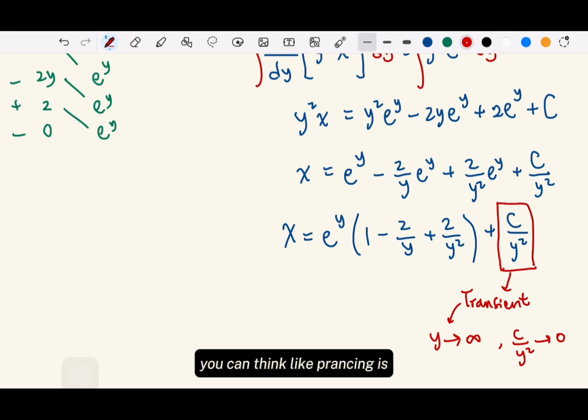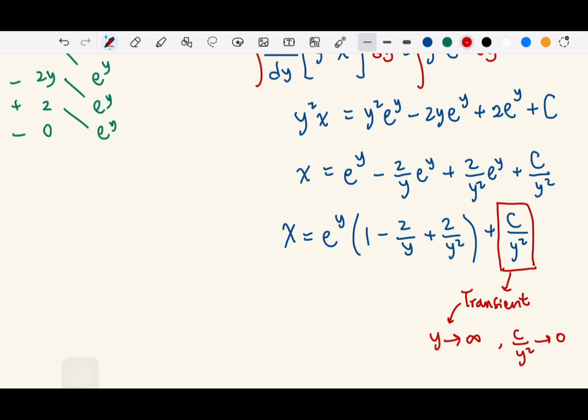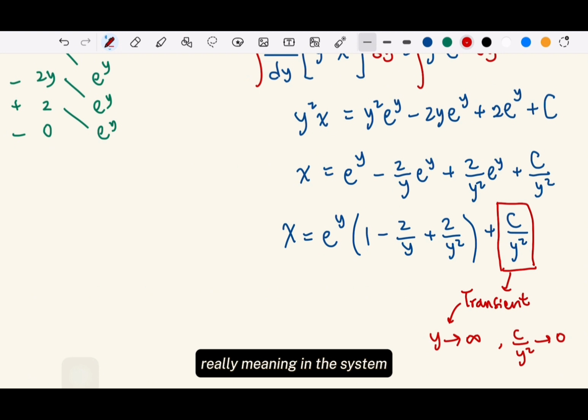You can think like transient is something that somehow we could ignore because it doesn't really have meaning in the system, but it's there. But when we increase the value, it becomes more and more closer to zero.